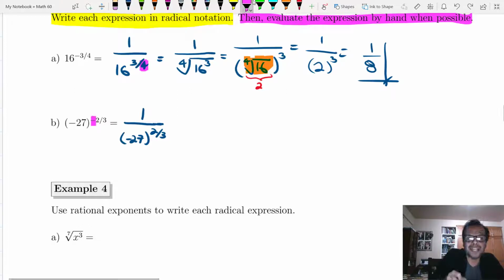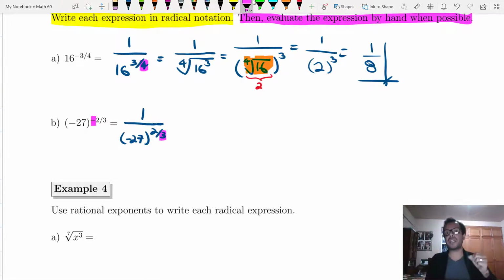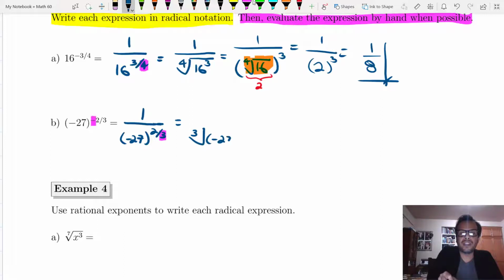However, let's identify the index of the radical. The index of the radical will again be the denominator of the rational exponent, in this case a 3. So this is the cube root of negative 27 raised to the second power.